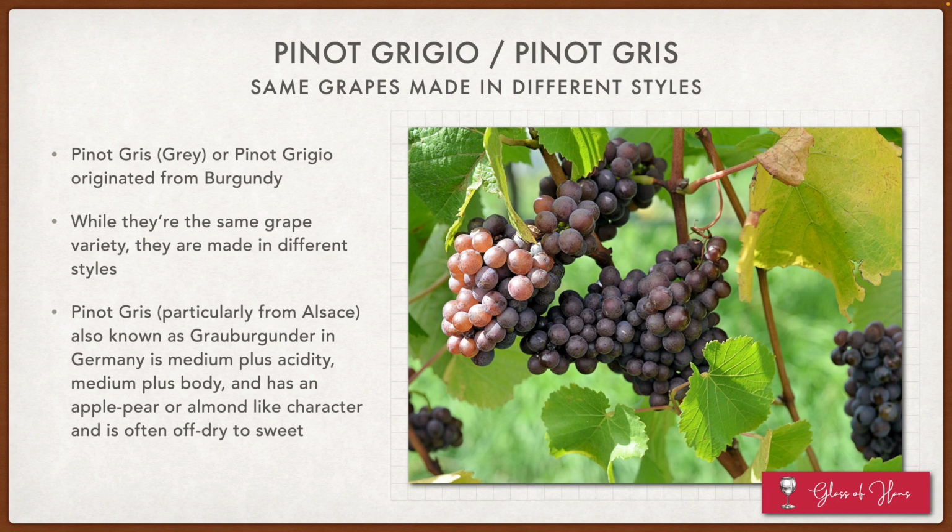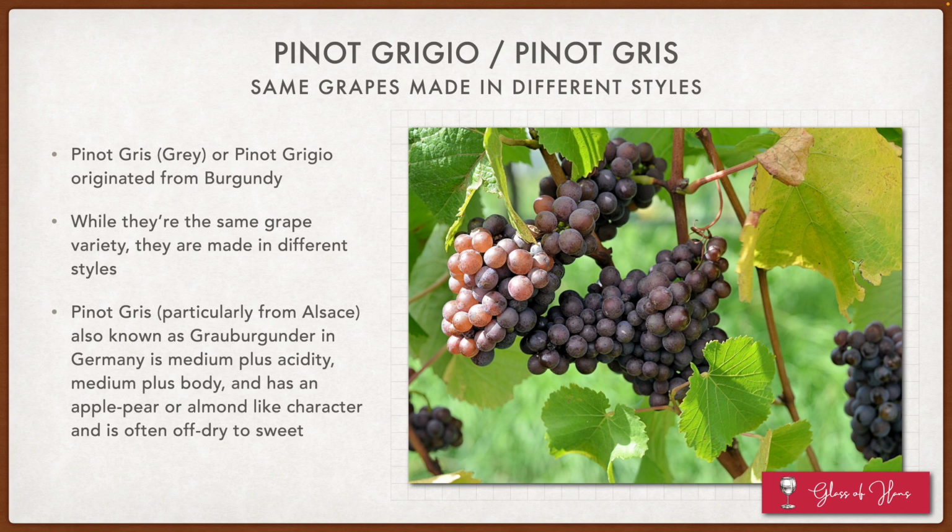And then we have your Pinot Grigio, also known as Pinot Gris, which is funny because they are the same grape, but the names refer to wines made in different styles, very much like Syrah and Shiraz. Pinot Gris, where gris means gray, or Pinot Grigio, really originated from Burgundy.